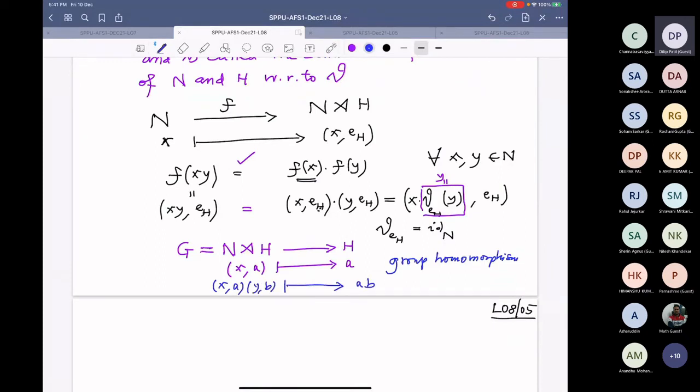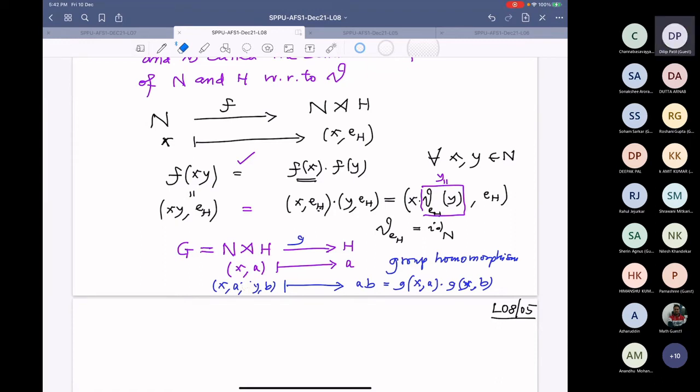It goes to a, b, which is also, if you call this a as g of (x, a) and this b as g of (y, b). So this a b is g of somebody, no? So it's g of this.